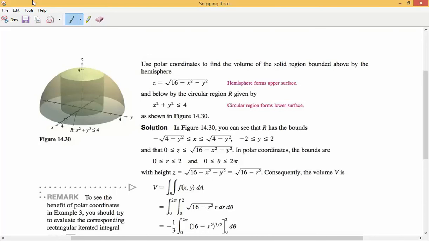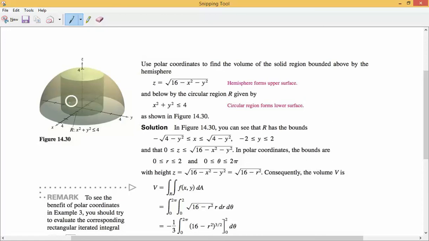Use polar coordinates to find the volume of the solid region bounded above by the hemisphere z equals the square root of 16 minus x squared minus y squared, and below by the circular region r.